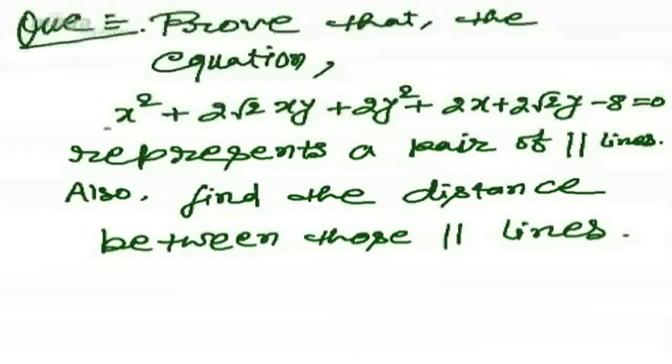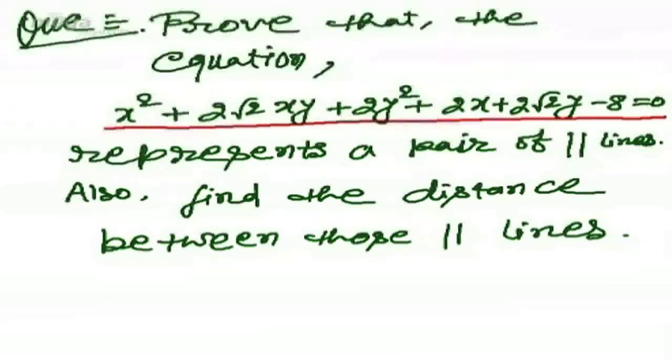First of all, we will factorize this equation and find the separate equations of those two parallel lines. And then we will use the distance between two parallel lines as mod of c1 minus c2 upon root under a square plus b square. By using that formula also, you can find the distance between these two parallel lines.